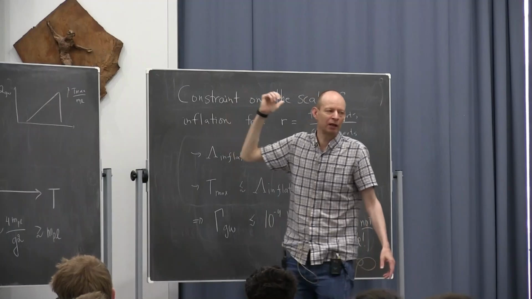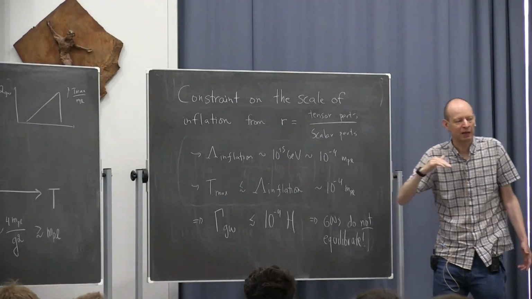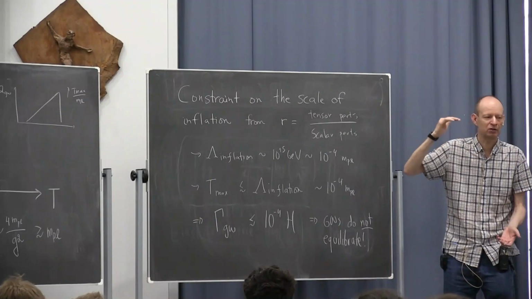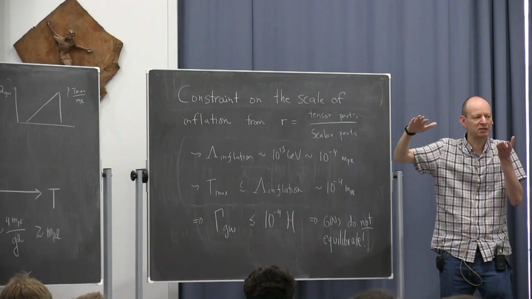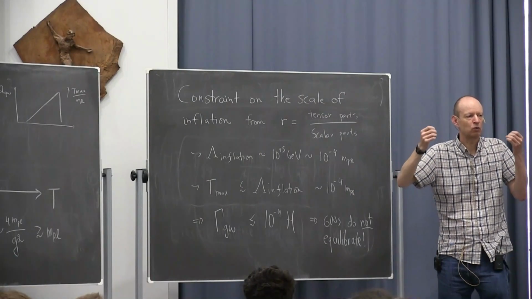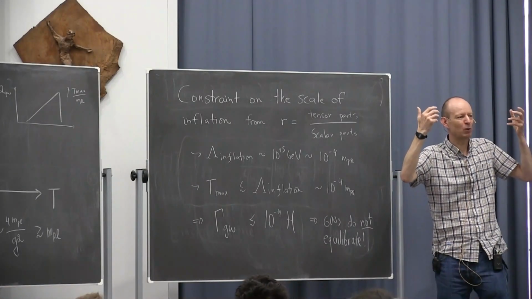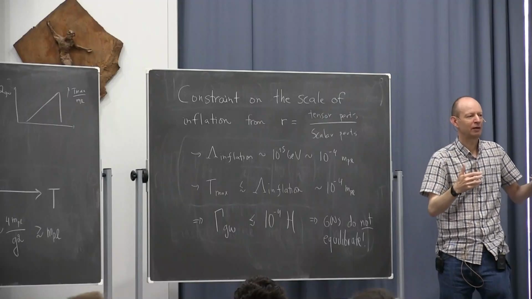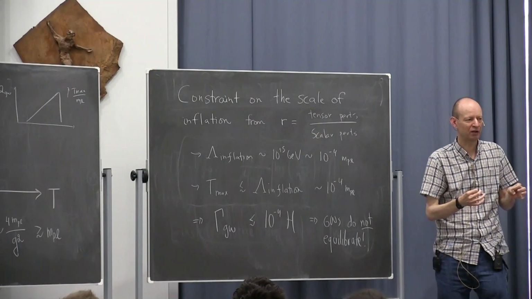But in the inflation computation, there is normally no temperature, and it scales instead with the scale of inflation, given by the vacuum energy density. If the scale of inflation is higher, you produce more gravitational waves from inflation, and that gives more tensor perturbations, which would be indirectly visible in the CMB.